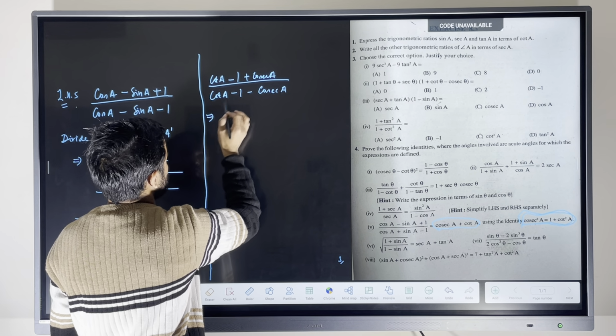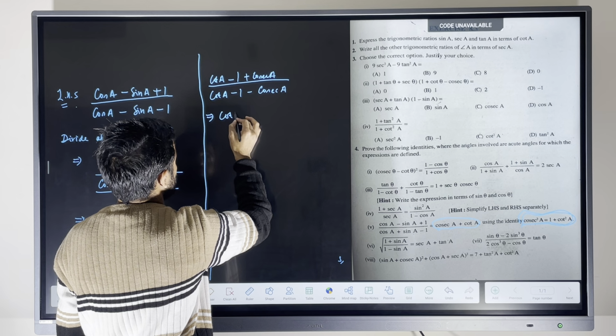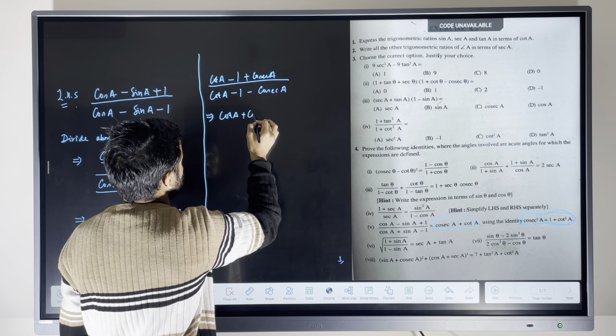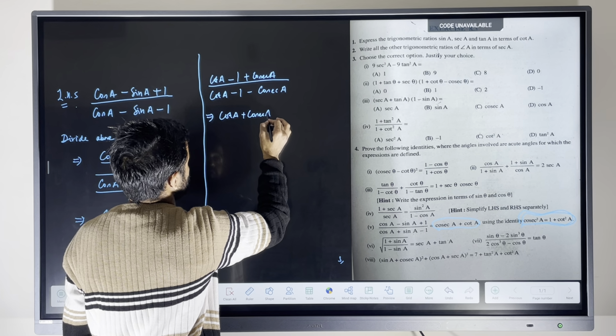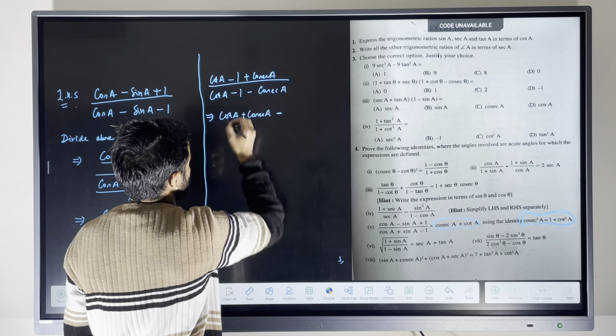Now take cot A plus cosec A as it is, and this minus 1.